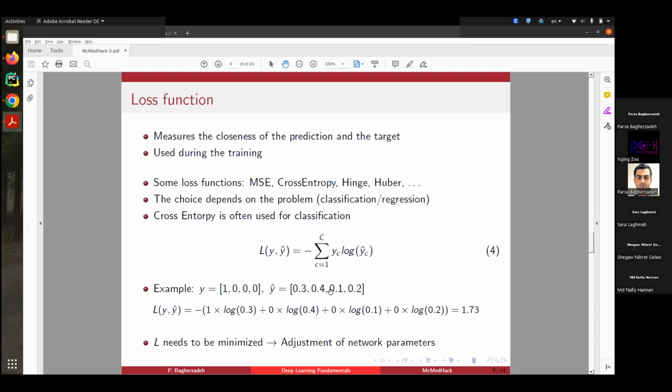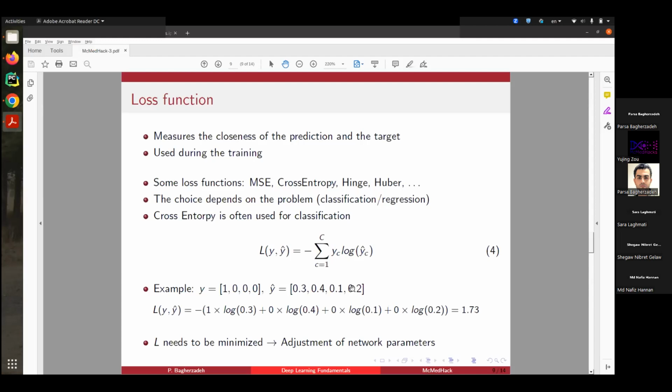But this is the output of my network. Okay, and if you can see, if you sum these values, they sum up to 1. So our model is 30% sure that it's class 1, 40% sure that it's class 2, 10% class 3, and 20% remaining as class 4. So in fact, our model is a little bit wrong.